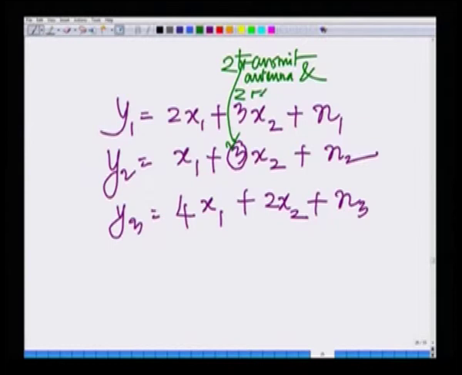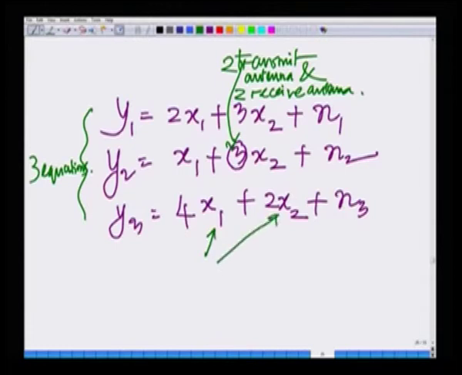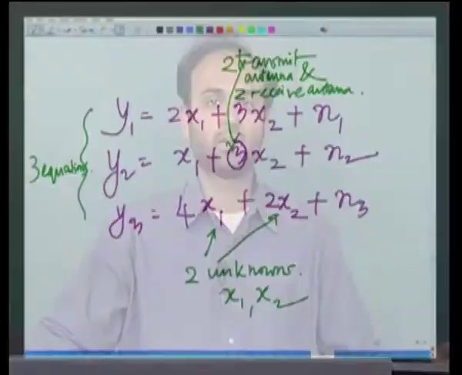As you can see, the number of equations is 3 and there are 2 unknowns. The unknowns are x1 and x2, that is the transmit symbol from antenna 1 and the transmit symbol from antenna 2. So, there are 3 equations and 2 unknowns in this system.